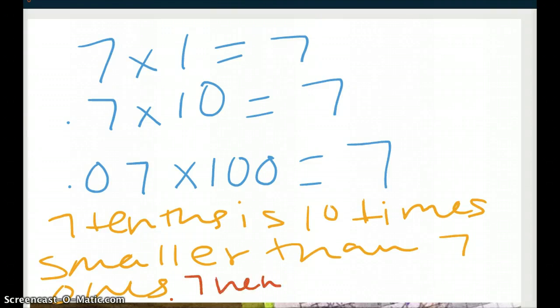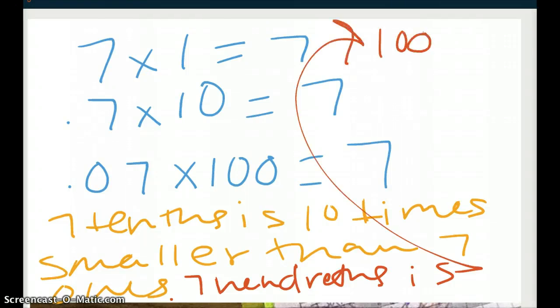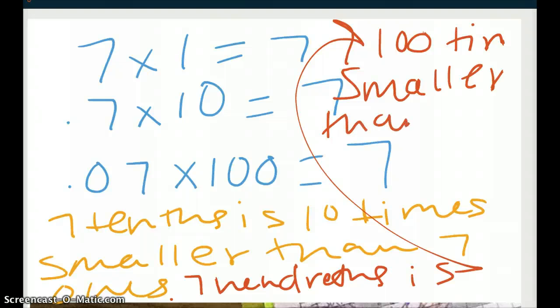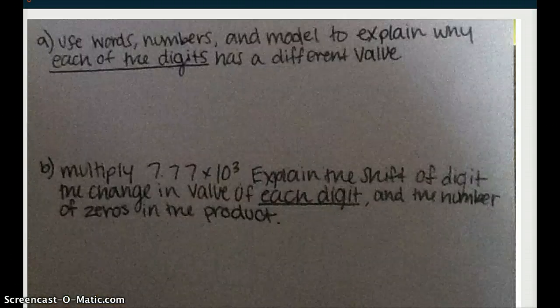7/100 is 100 times smaller than 7 ones. So what I want to see is that multiplication saying that it takes 7/10 10 times to make 7, the whole number 7 ones.